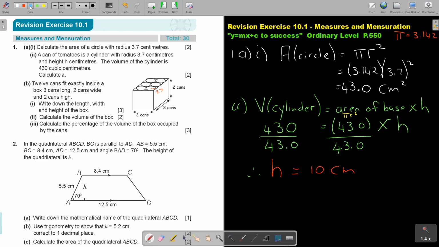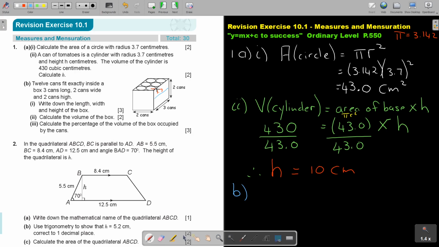And then number B, this is nice. You will get these nice things. 12 cans fit exactly into a box. 3 cans long, 2 cans wide, and 2 cans high. So it means there's 2 rows. Do you see? There's 3 to the back and there's 2. So actually, write down the length, the width, and the height of the box. Okay, now just be careful. Be very careful.